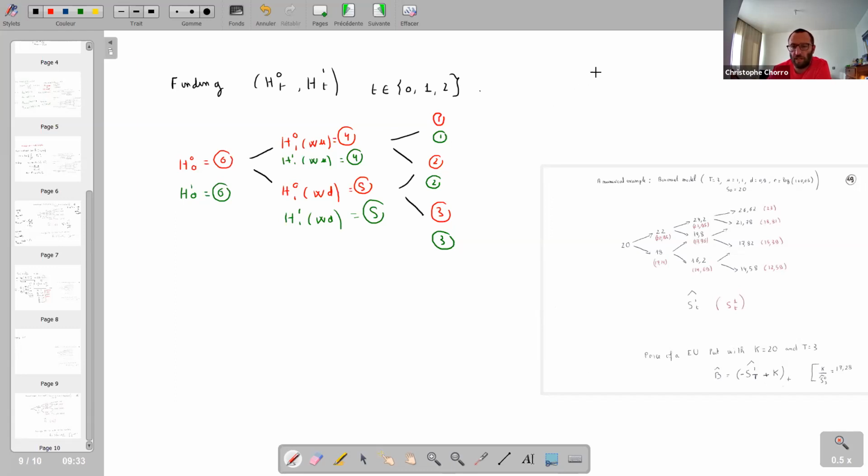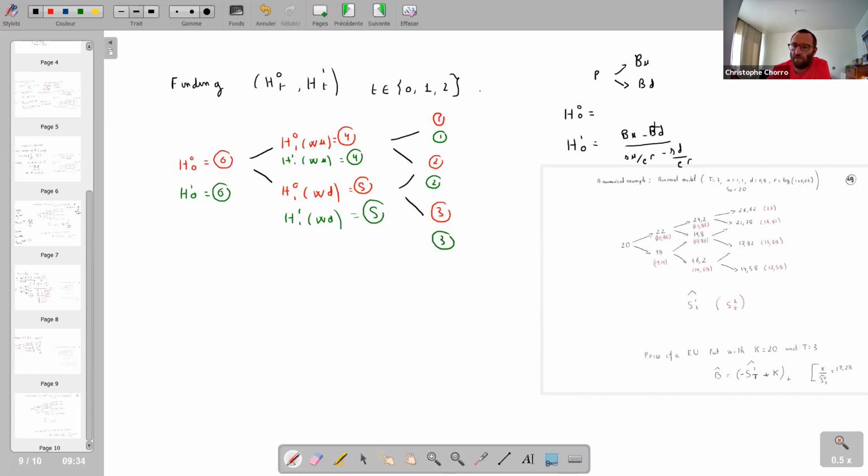In the one period model, I remind you that if I have a contingent claim that I write here in its actualized way, with BU, BD, I have P, which is just the expectation of the actualized payoff under Q, and we have seen together that in this situation, H1,0 is given by BU minus BD over SU over exponential R minus SD over exponential R. So what is this?